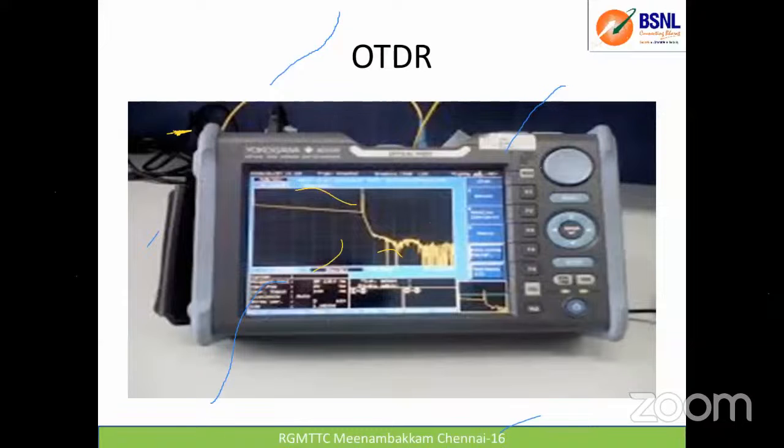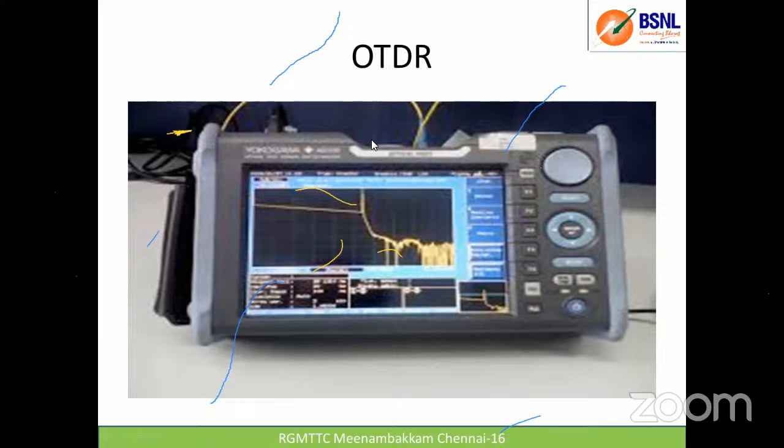If a vendor is providing fiber connections for a rural area, and there is a fiber cable cut in a particular area, customers may complain that they are not getting a connection. The FTTH vendor cannot go and search each and every street where the fiber cut occurs. For this purpose, they have a device called OTDR, the optical time domain reflectometer.